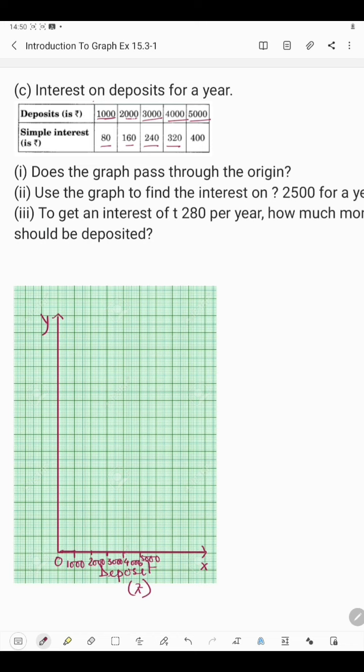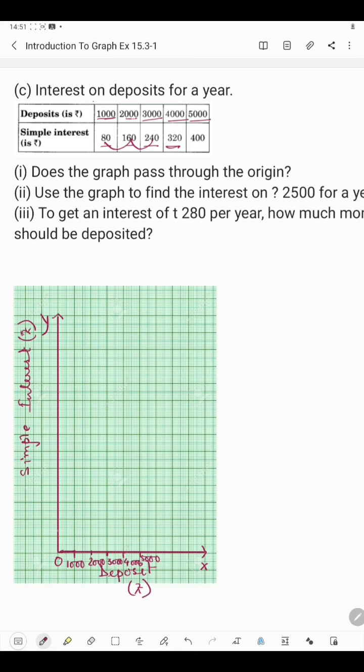Okay, now we'll be considering simple interest on the vertical axis. Simple interest in rupees. Okay, now here 80, 160, 240, 320, 400. Now if you see these numbers properly, all these numbers are in the table of 80. 80 twos are 160, 80 threes are 240, 80 fours are 320, 80 fives are 400.